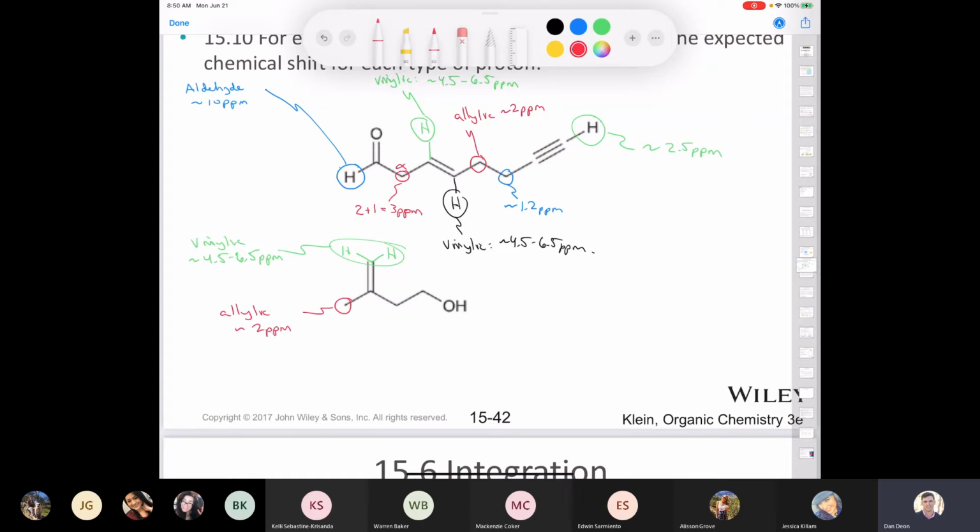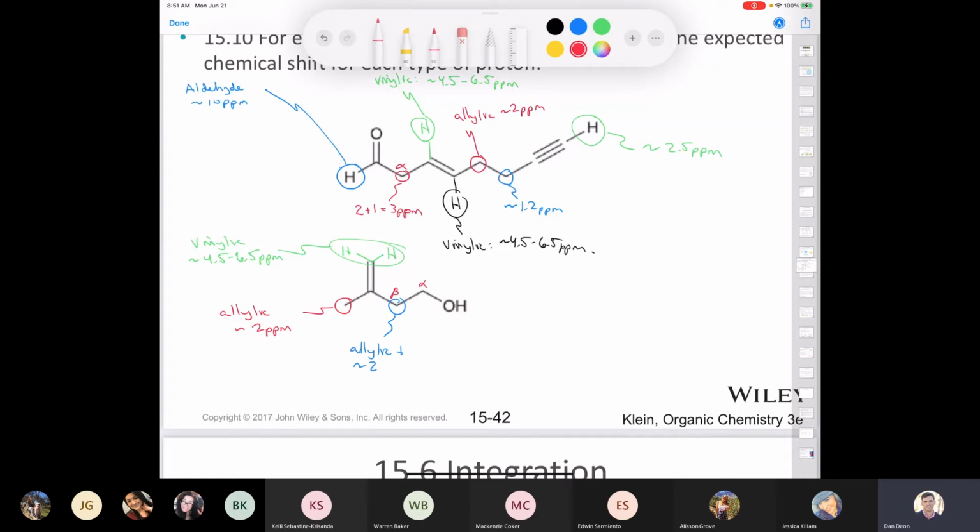What else? We have allylic protons here. So we'll put here allylic, which means around 2 parts per million. But if we have an alcohol right here, this is an alpha carbon and this is a beta carbon.